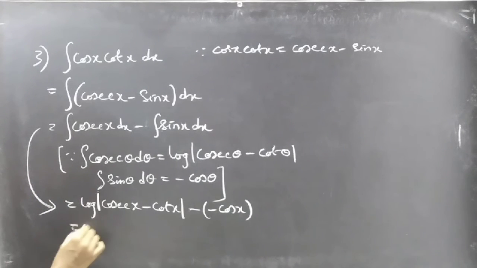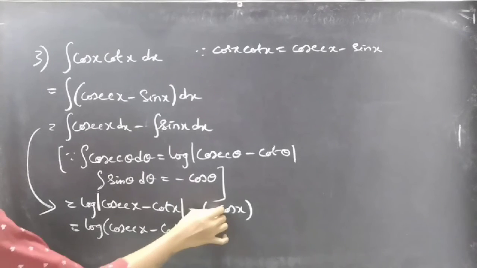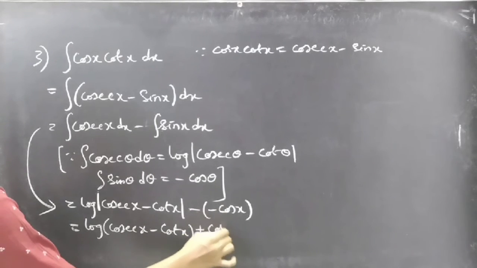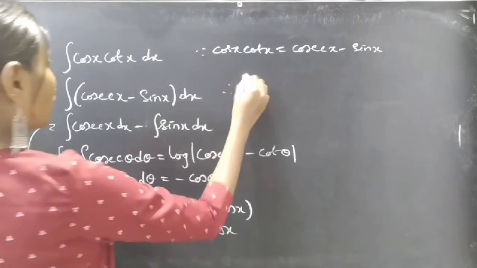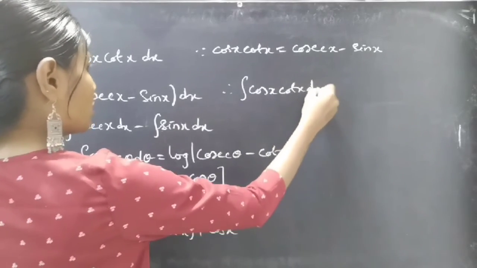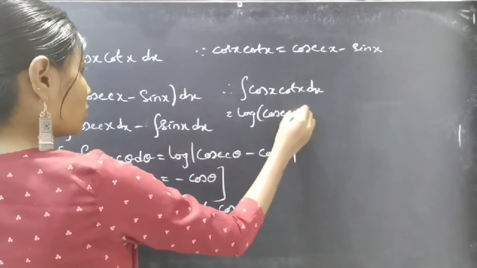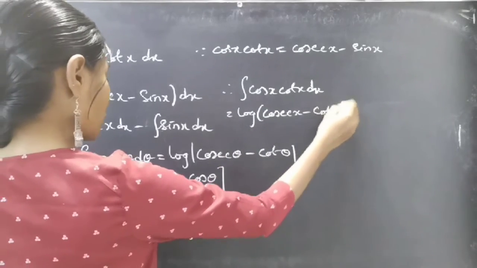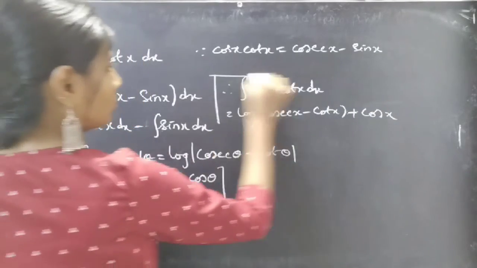This gives us log of cosecant x minus cot x minus into minus plus cos x. Therefore, integral cos x cot x dx equals log of cosecant x minus cot x plus cos x.